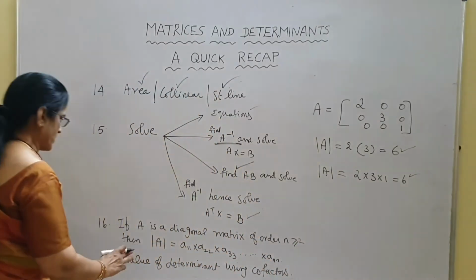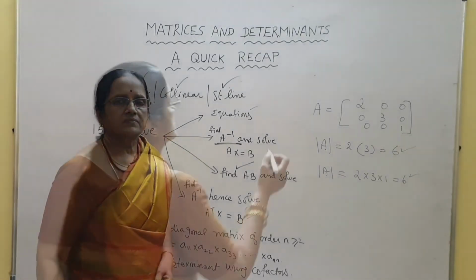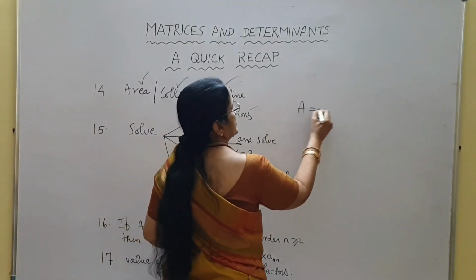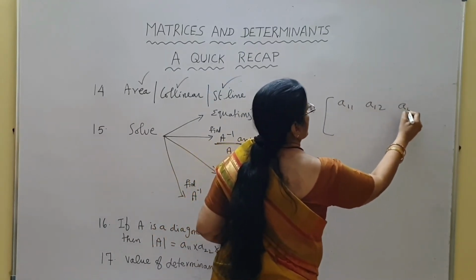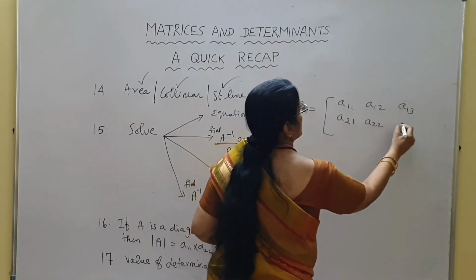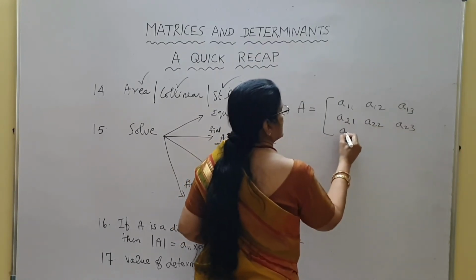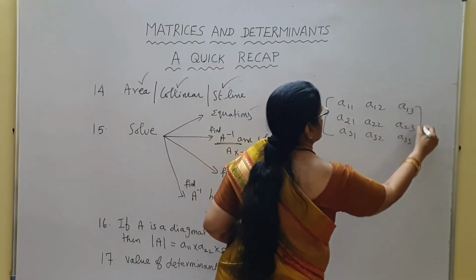Then the last property, value of determinant using cofactors. Suppose the matrix A is given to you as a11, a12, a13, a21, a22, a23, a31, a32, a33.